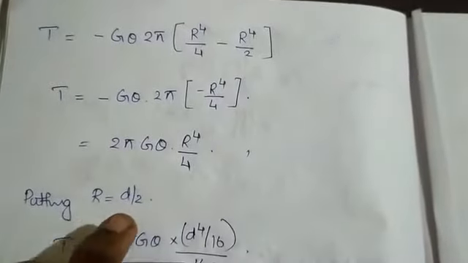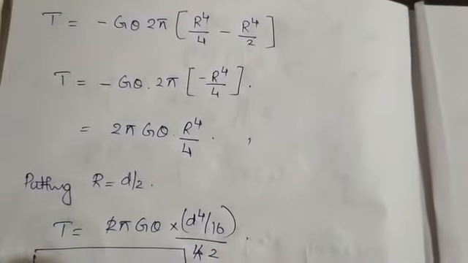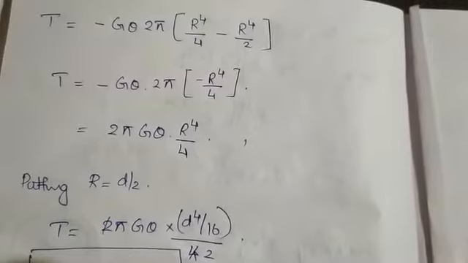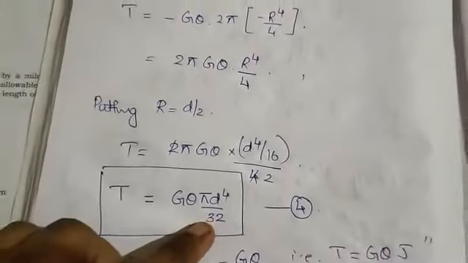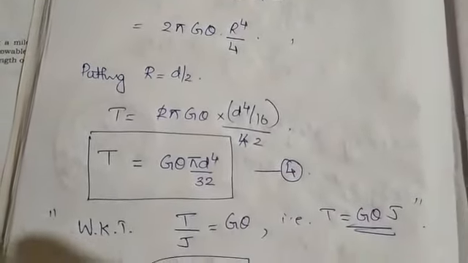Giving the value R is equal to d by 2, you will get T as G theta into pi d raised to 4 by 32.